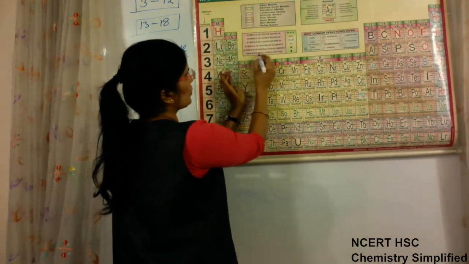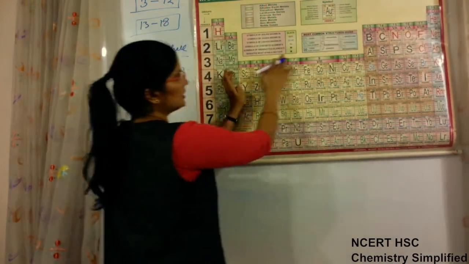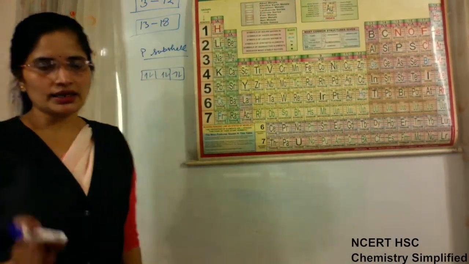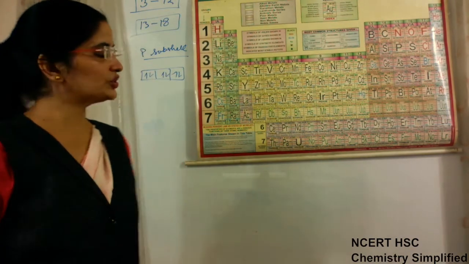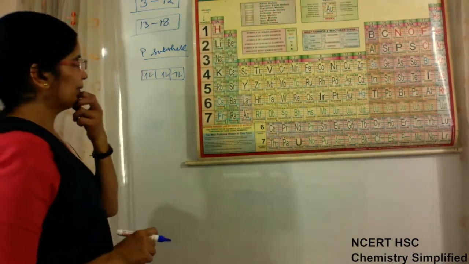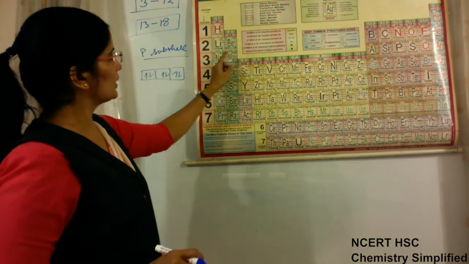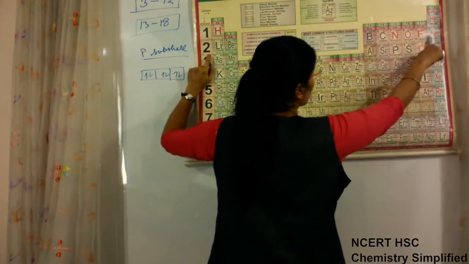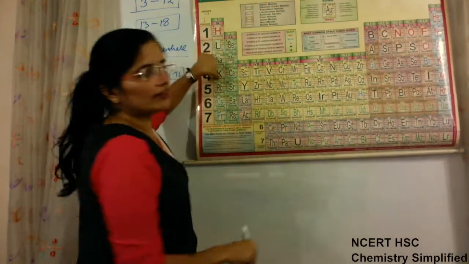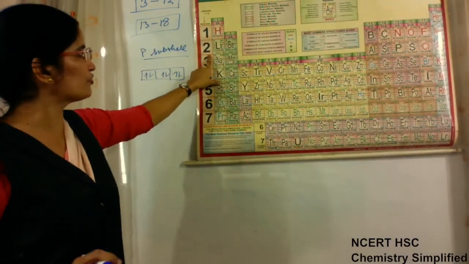Before this we don't have any elements in the D block, because we know that D subshell starts from the third shell. Okay, so what will happen? Because this is the second period, here also the second shell will be occupied. This we have to remember.